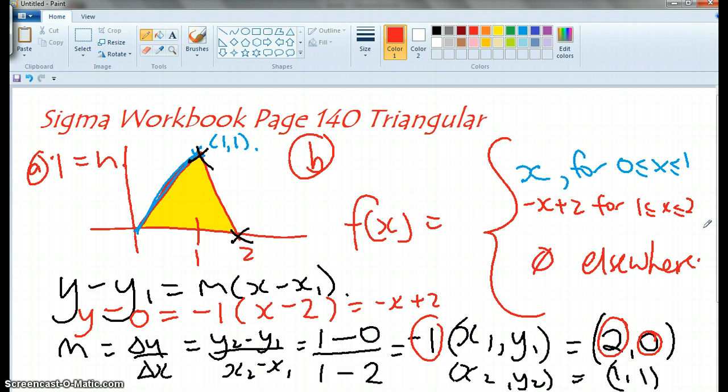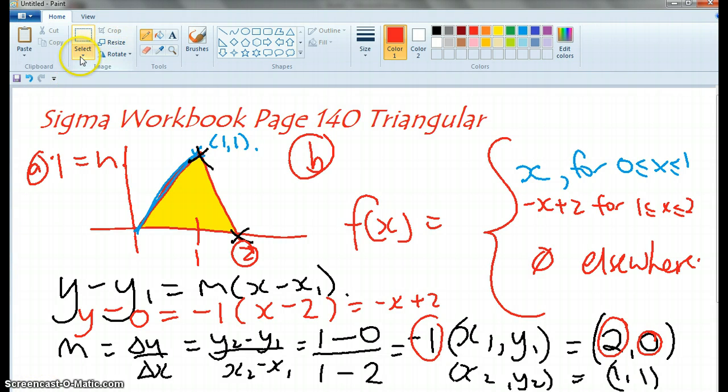Okay, now because I'm prone to error, I actually am going to check. I'm going to plug 2 in. -2 plus 2 is 0, that works. I'll plug 1 in, 2 minus 1 is 1, so that's sweet. So I'm happy that I got it good.